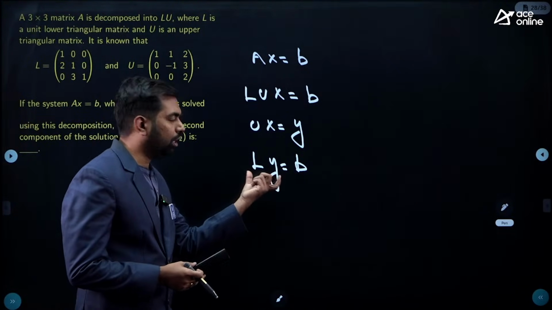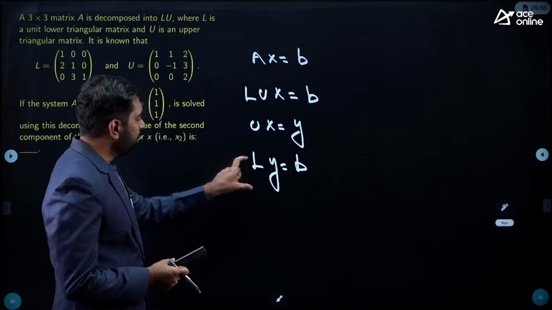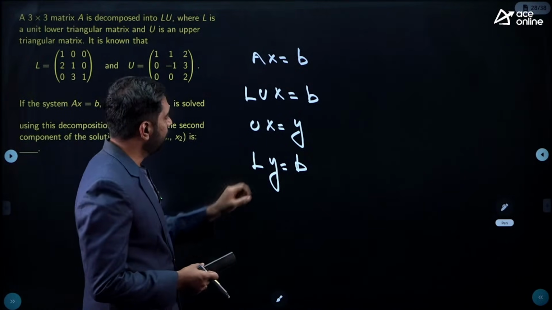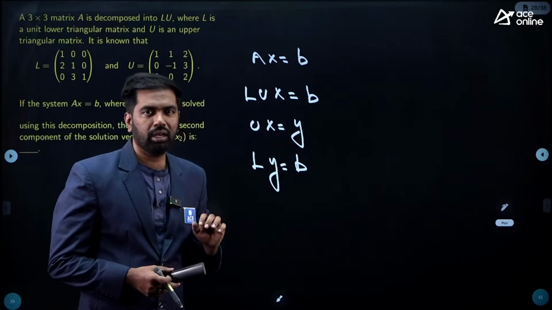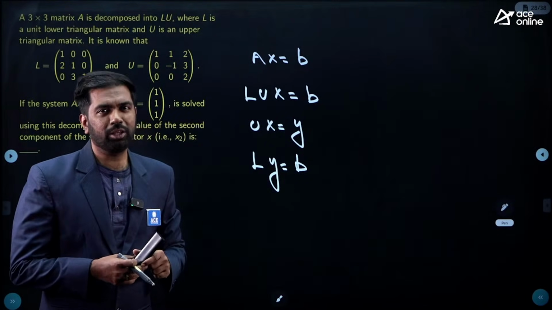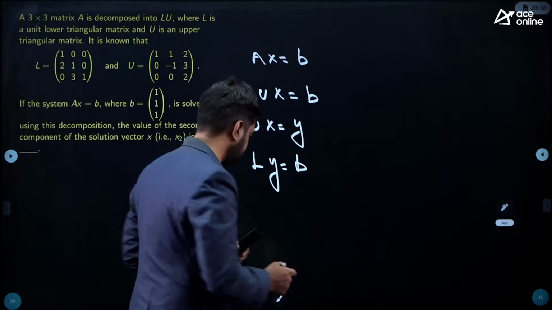You need to first solve this system, Ly equal to B. From that, get Y. Once you get that Y, you need to use the Y here and then solve this Ux equal to Y, and you have to solve for X. So this way you will get the solution X. So this is how the LU decomposition is done.